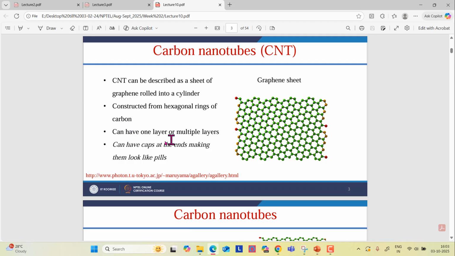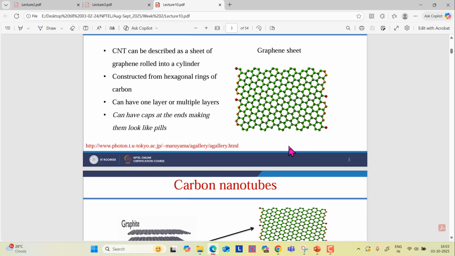This can have one or multiple layers. When this is a single layer, that is called a single-walled carbon nanotube. When this is multi-layer, this is called multi-walled. But a single-layered nanotube also has this hexagonal structure which gives them the mechanical strength. So only the hexagonal one will be the correct one.